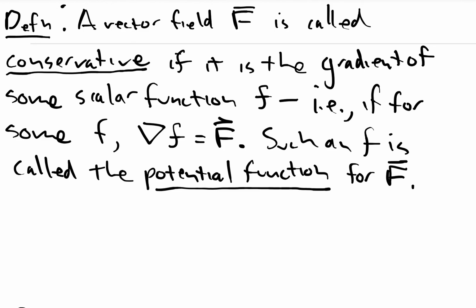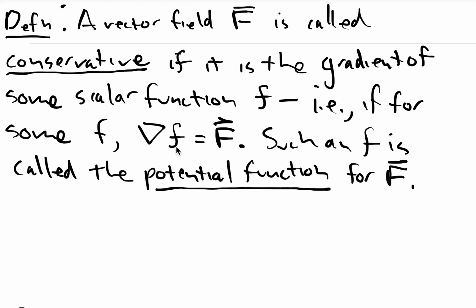What I mean by a vector field being conservative is that it's the gradient of some sort of scalar function. So if I tossed you a vector field and we can obtain that vector field by taking a gradient of something, then we get a conservative vector field.